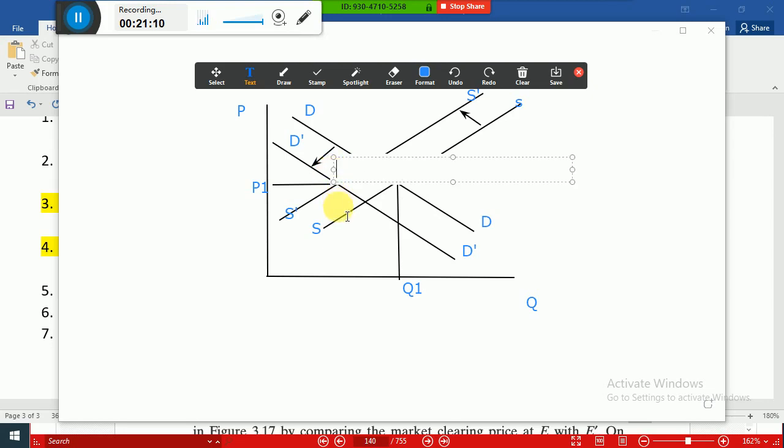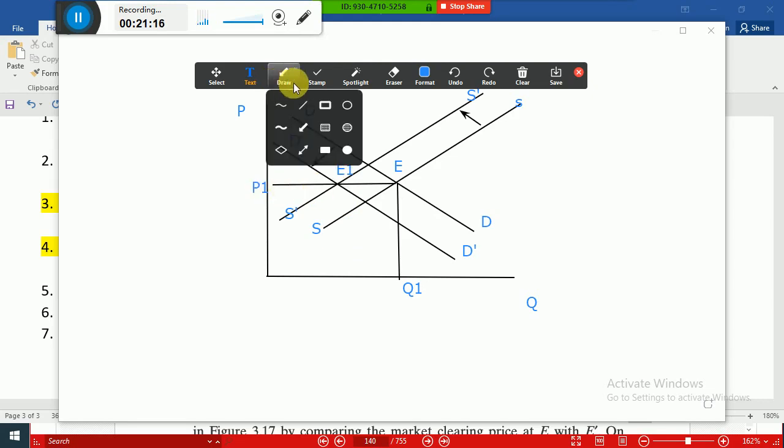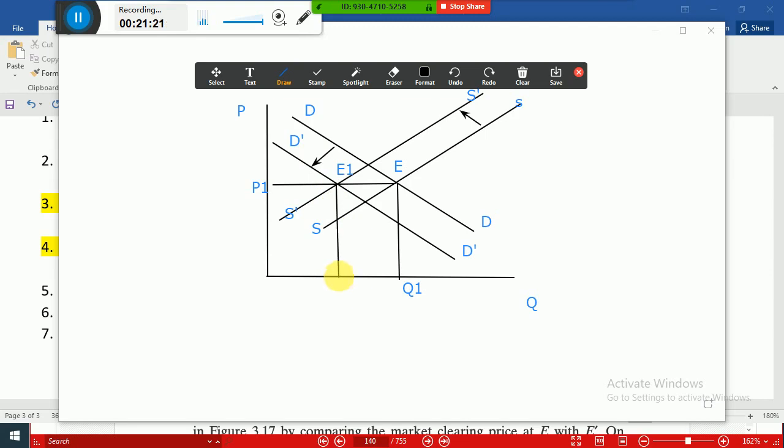The new equilibrium point is E1, where you can see there is no change in price. However, equilibrium quantity has decreased from Q1 to Q2. So what is the result?